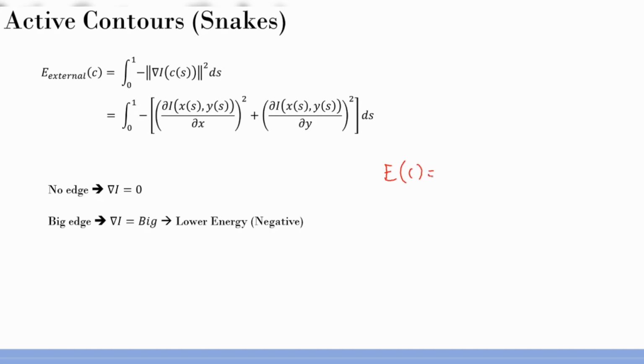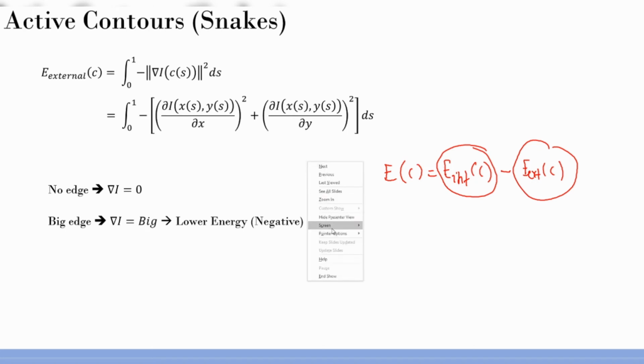E of C is equal to E internal of C, which is on the shape, minus E external of C. And external is depending on intensity, and internal is depending on the smoothness or the oscillation factor of the curve. I hope I made it very clear.